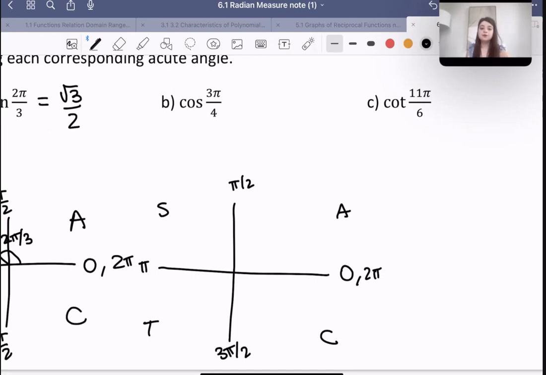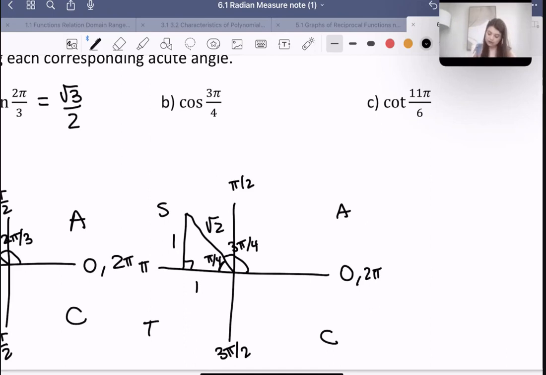For this one, it's 3 pi over 4, which means we're going to go over here. And what's left? Just pi over 4. So here we'd have pi over 4, and here we'd have 3 pi over 4. And so this is which special triangle? Well, this is going to be the pi over 4, pi over 4, pi over 2 special triangle, which is the 1, 1, root 2 special triangle.